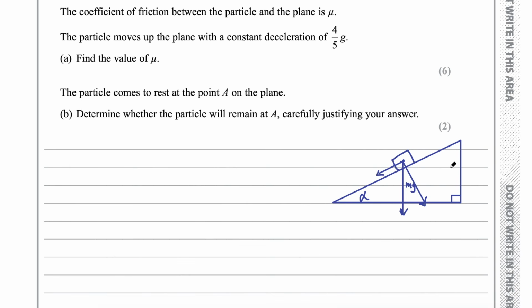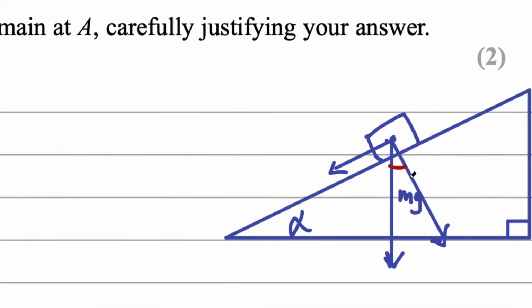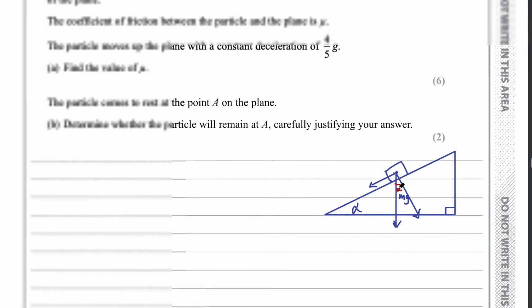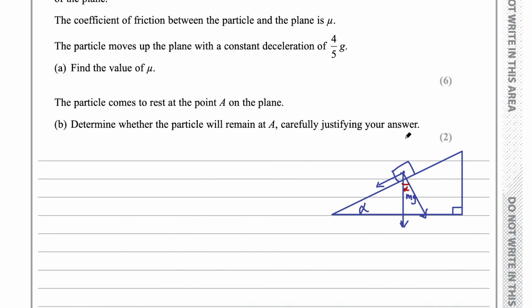And we can figure those out, or at least we have an expression for those, because this angle in here is actually equal to alpha as well. So that's alpha in there, and I'm sure you've seen that before and it's easy enough to prove. What that means is that this perpendicular force is going to be the cosine of this triangle.